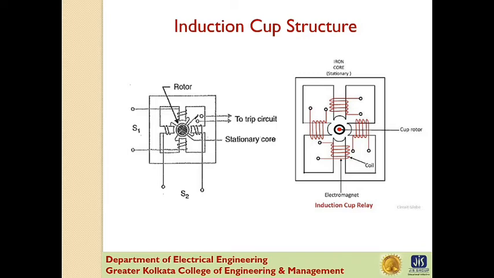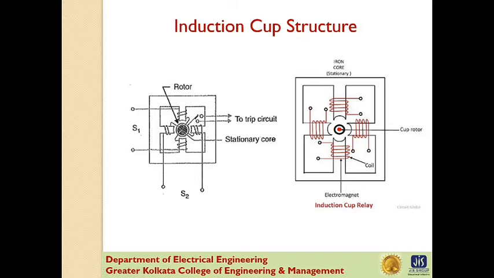Now, if phi 1 and phi 2 represent the fluxes produced by the respective pairs of poles, then the torque produced is proportional to phi 1 phi 2 sin alpha, where alpha is the phase difference between the two fluxes.